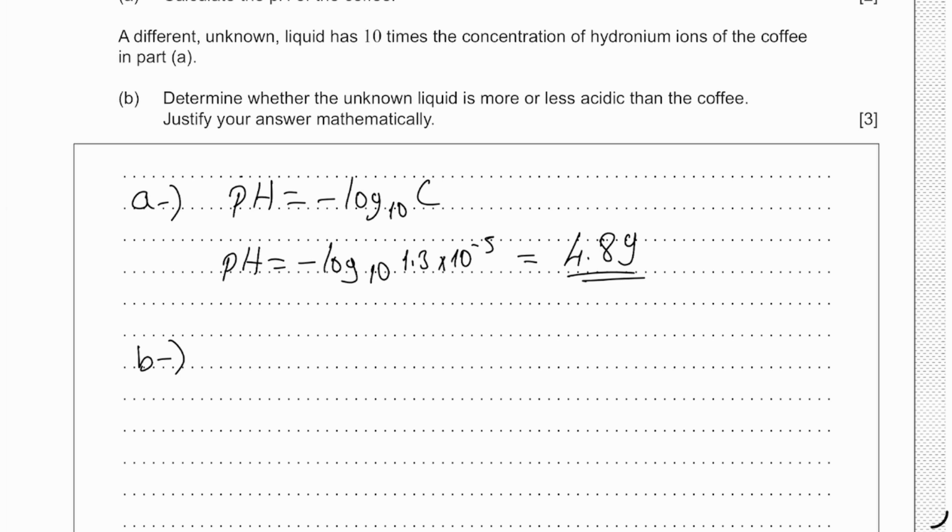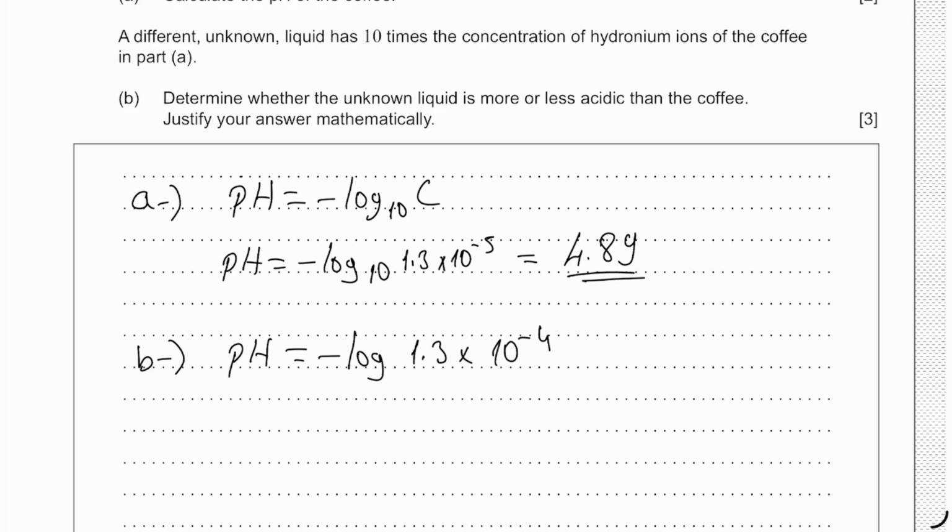So this is the new pH. Minus log 1.3 times 10 to the power of minus 5 times 10 to the power of 1. So what will it be, guys? If you multiply them, you add the powers, right? So it's going to be 10 to the power of minus 4.